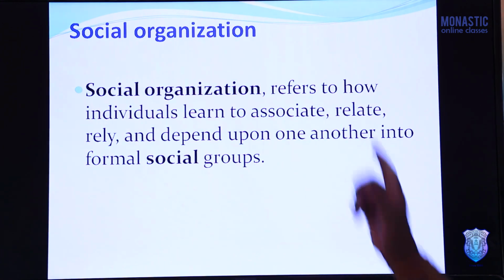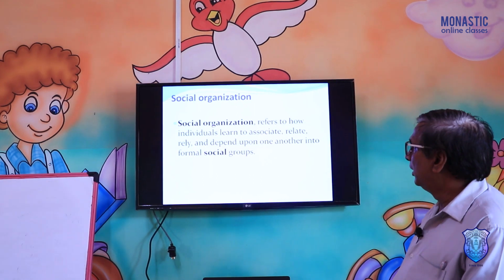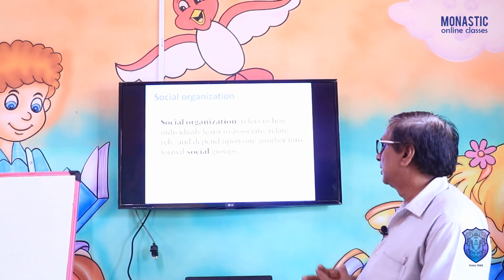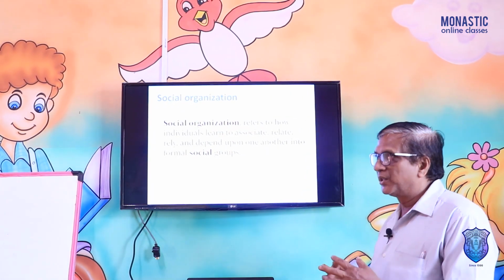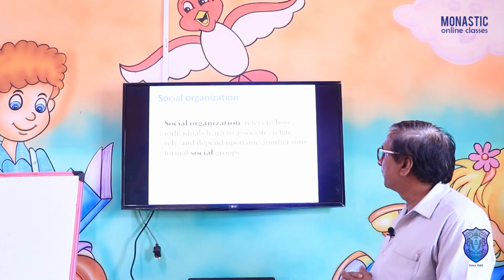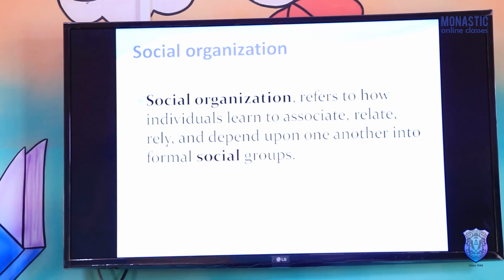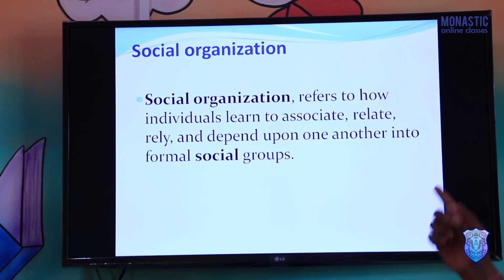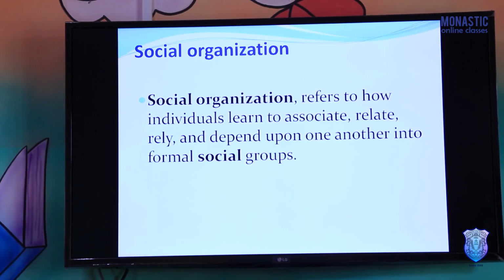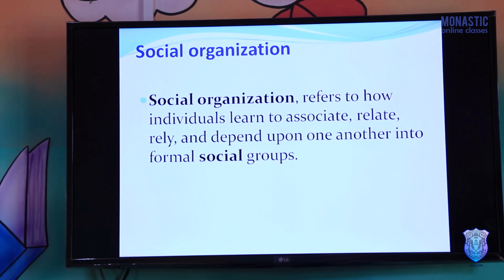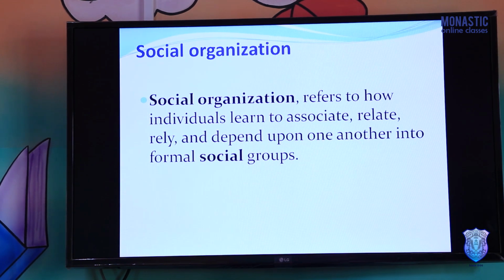So social organization refers to how individuals learn to associate. Individual organisms associate together, relate to each other, rely on and believe in each other, and depend upon one another in formal social groups.